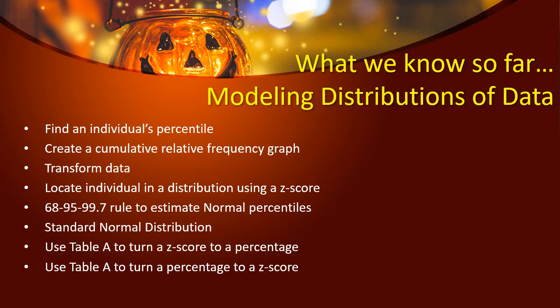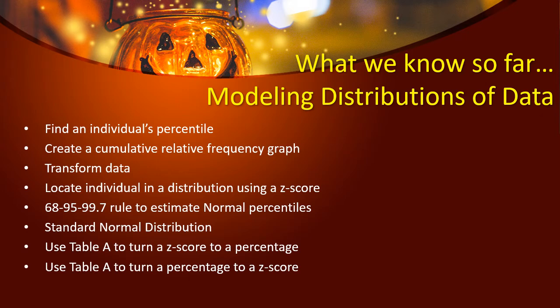So what have we done so far? The answer is a lot, and we're almost done with the chapter. So this is what we've done so far. First we were able to find an individual's percentile. Then we could turn that into a cumulative relative frequency graph, which is a graph of the percentiles.